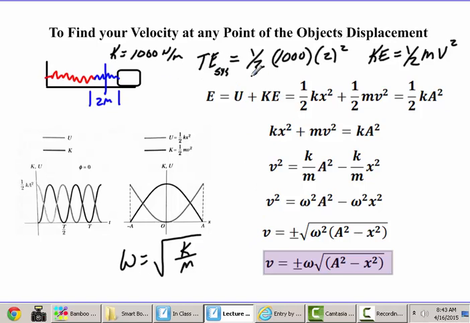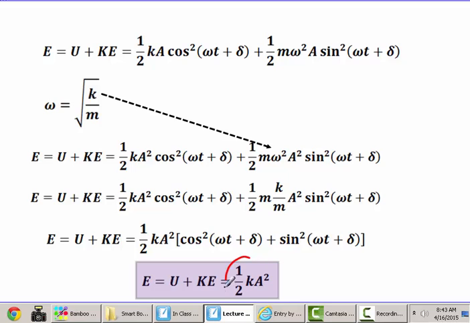I hope that's fairly comfortable. The equations you're pretty much going to need to know for all the energy are this one here and this one here. Those two equations are going to let you find the energy of any spring system.